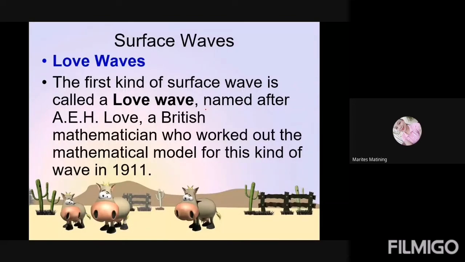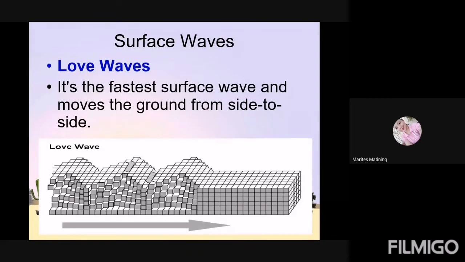Ayan. So, here, actually, ang love, yun yung kanyang apelyido. Ang ganda naman ang apelyido niya, no? Love. Ayan. So, isa siyang mathematician. Okay? So, love waves is the fastest. Comparing love and Rayleigh wave naman, siya naman yung pinakamabilis. Okay? So, it is the fastest surface waves and moves the ground from side to side.